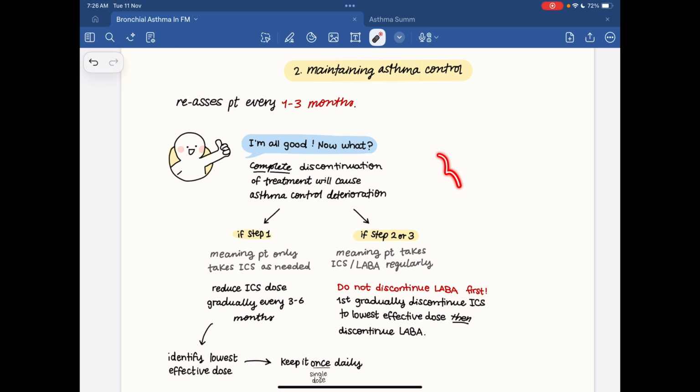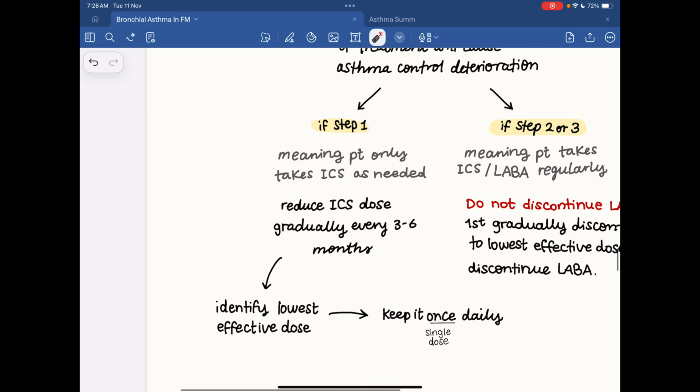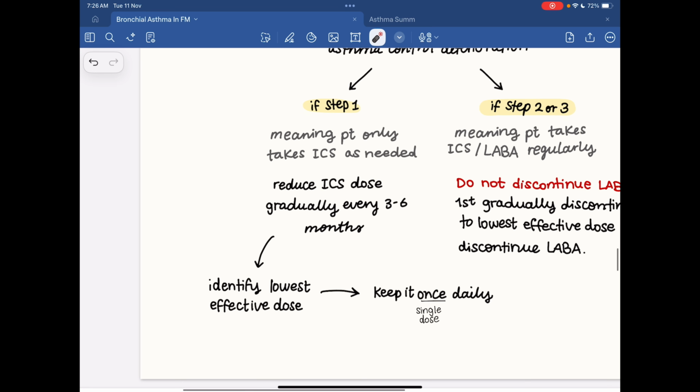We need to reduce. If the patient is on step 1, meaning only taking inhaled corticosteroids as needed along with a reliever, we're going to reduce the inhaled corticosteroid dose gradually every 3 to 6 months until we identify the lowest effective dose and keep it as a once daily single dose.